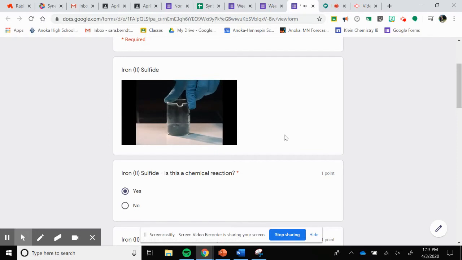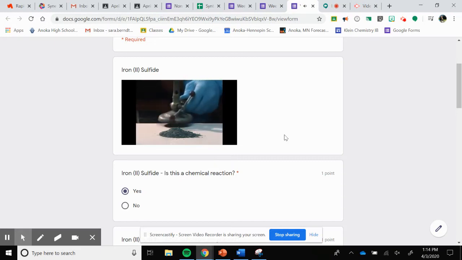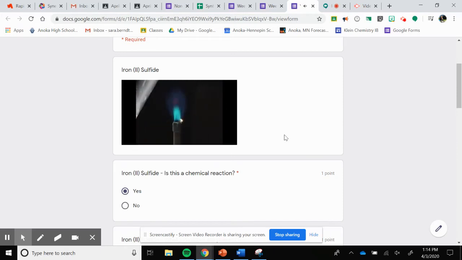So I'm noticing that they are mixing 2 different compounds together. And they're pouring some onto a table. Looks like they've brought out a very old Bunsen burner and are heating the end of a glass piece.